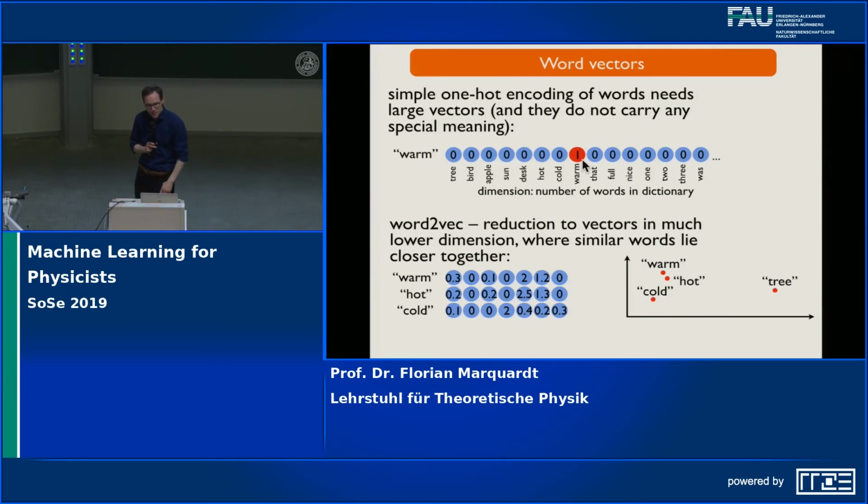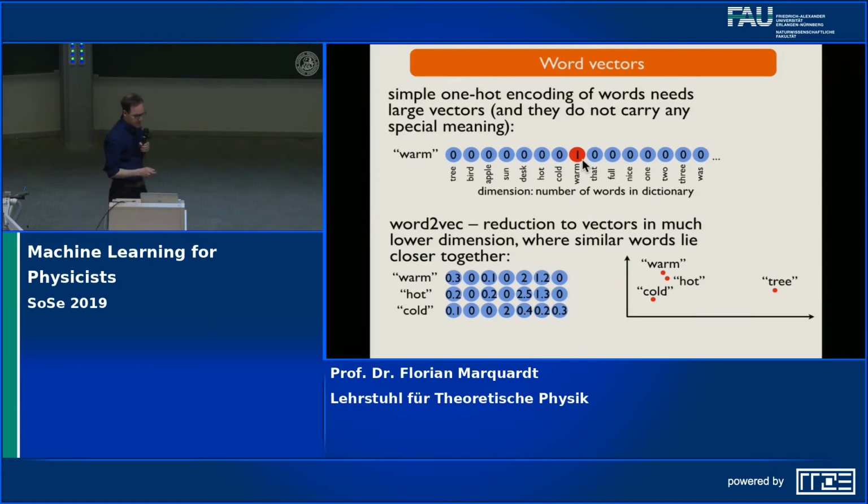Another problem is that the position of these words in this list, or in the whole input vector, so to speak, has no semantic meaning yet. I mean, we could take the whole dictionary, order it alphabetically, and write down all the words in alphabetical order, and that would be the order in which our input neurons are assigned. But it would have no particular relation to the actual meaning of these words.